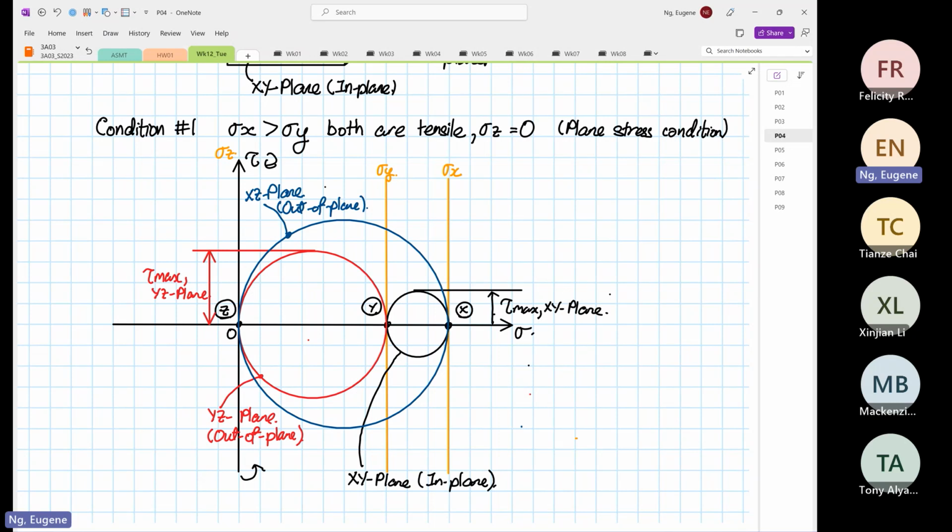And what we realize now is the out of plane has the highest shear stress.